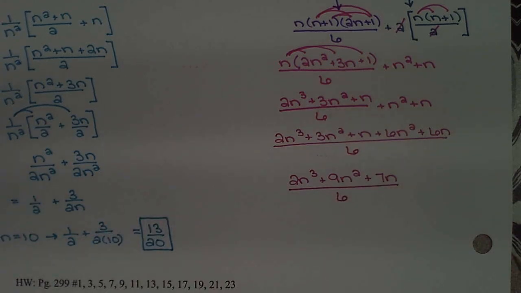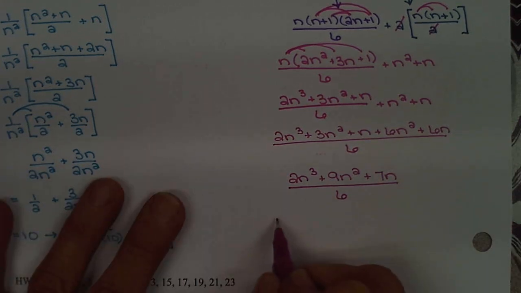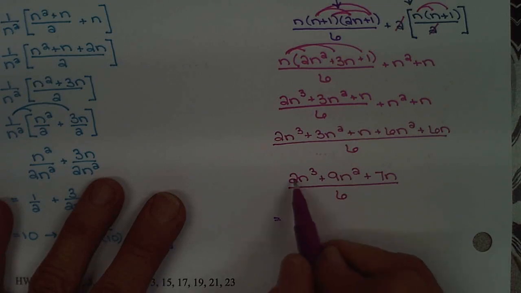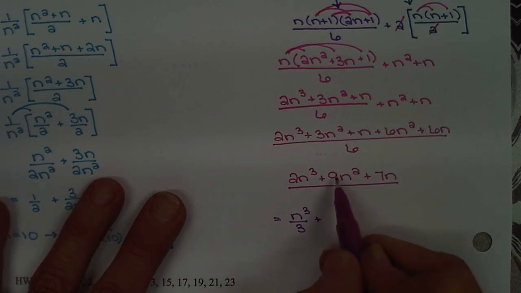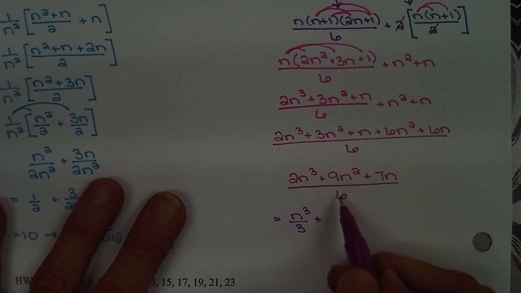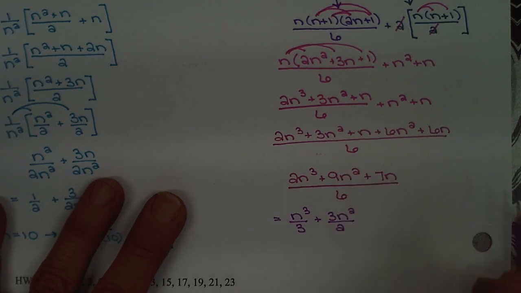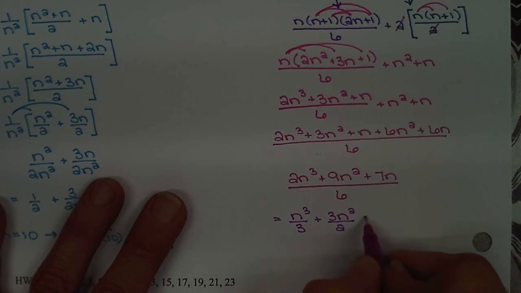And then the last thing I'm going to do, even though we put it all together, I am going to go back now and take it all apart. So this is going to be a 2 over 6, which is going to be a 1/3 n cubed, or an n cubed over 3. Here the 9 and the 6 are going to reduce to a 3 and a 2, so 3n squared over 2. And here the 7 and the 6 won't reduce, so it's just a 7n over 6.